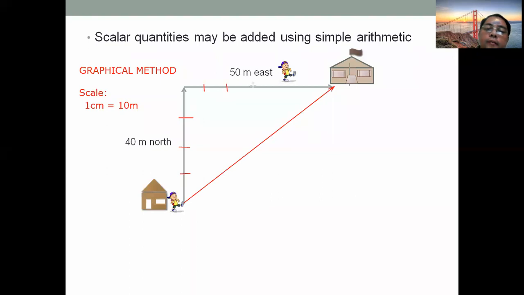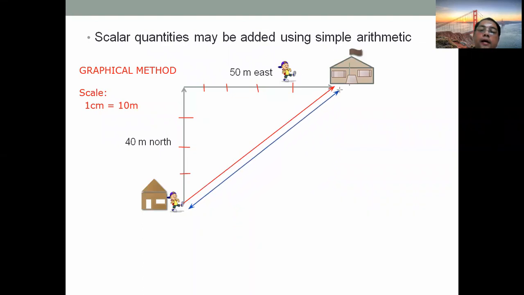If we have a ruler and protractor, we can use them and put them on this red line, this third side. Once we use the ruler and measure this side, you will measure it with a ruler. So how long is this blue line, using your ruler?